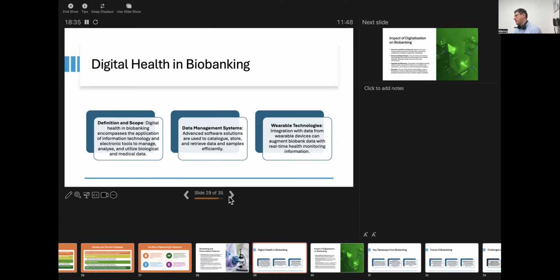What's different about what we're going to be talking about here is that most of the biobanking courses, stuff that you look at elsewhere, is around the lab side of things. You know, how you manage the samples, how you collect the samples, how you retrieve the samples, physical. But in our module, the emphasis is going to be on the data.